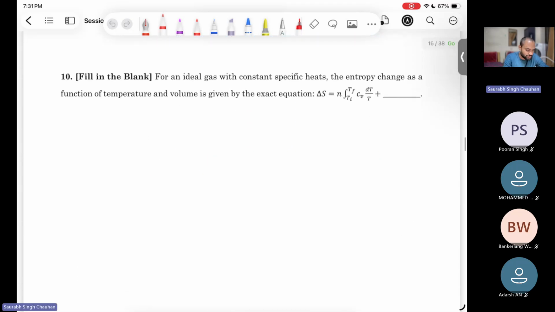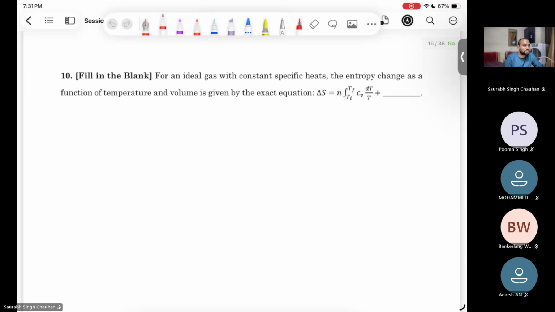Now coming to the next question, question number 10. It says that for an ideal gas with constant specific heats, the entropy change as a function of temperature and volume is given by the exact equation delta S is equal to n times the integration from Ti to Tf of Cv dT by T plus something.